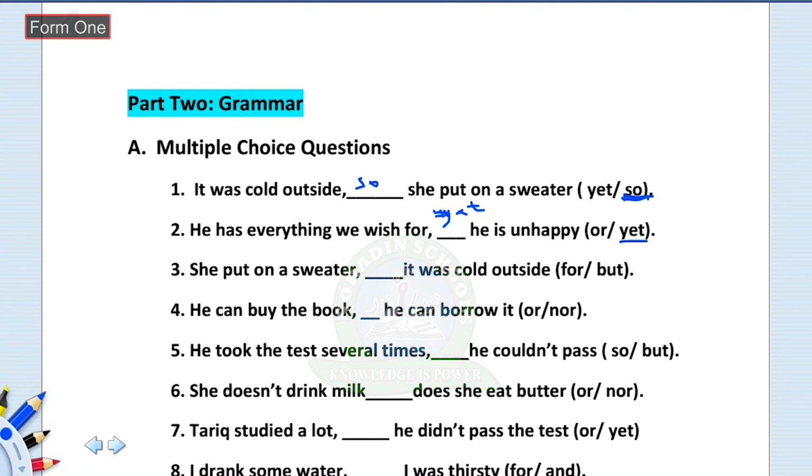Here, the word yet indicates unexpected surprise, because this person has got everything he wanted, yet he is unhappy.